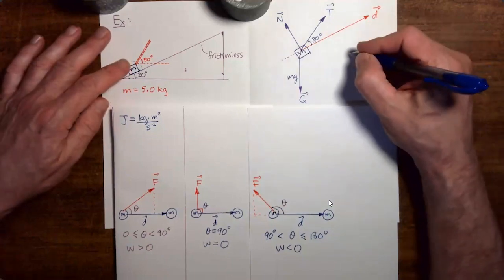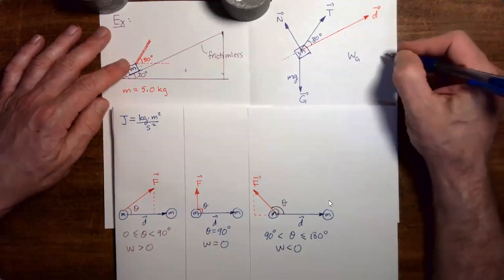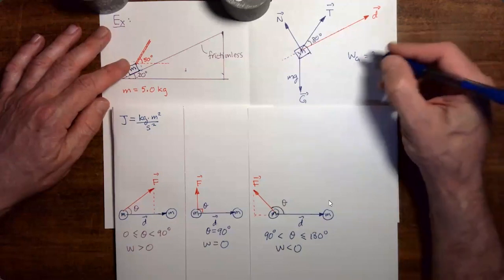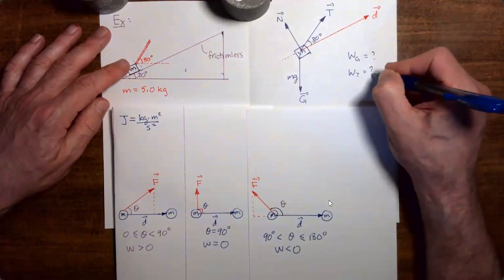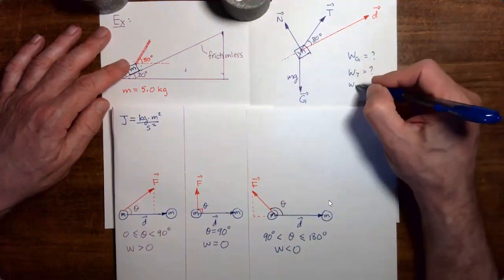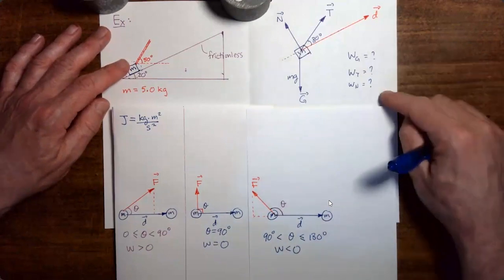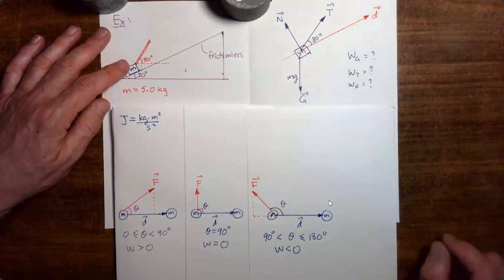So in particular, look at the figure and see if you can figure out whether the work done by the gravitational force will be positive, negative, or zero, whether the work done by tension will be positive, negative, or zero, and whether the work done by the normal force will be positive, negative, or zero. So pause the video, think about these things, and then when you rejoin the video, we will talk about that together.